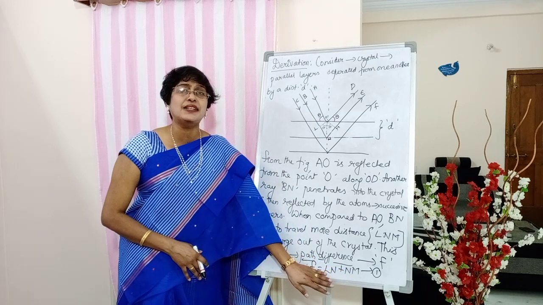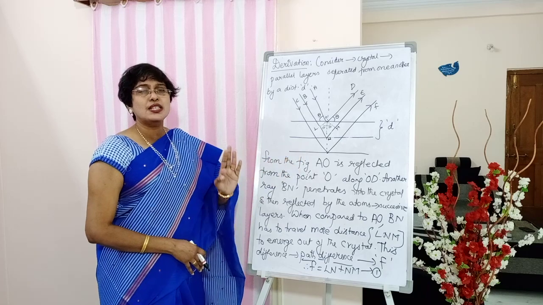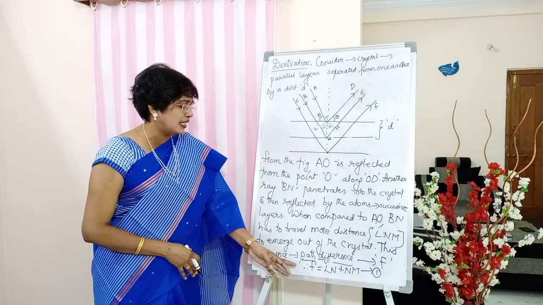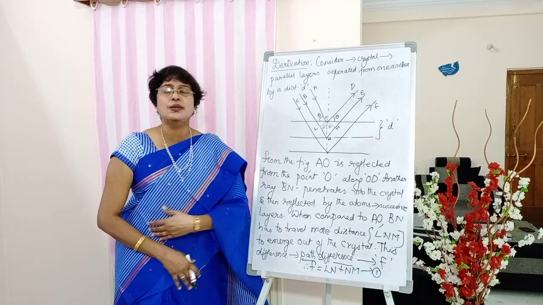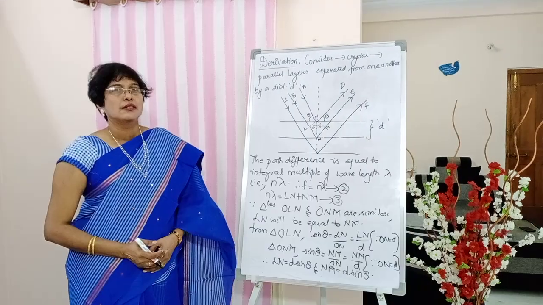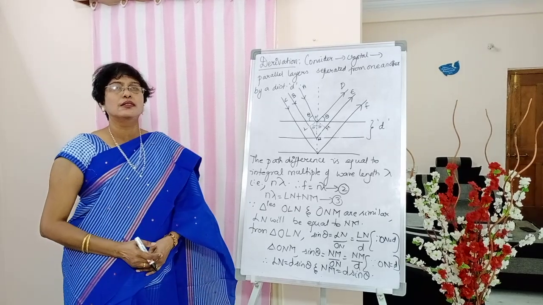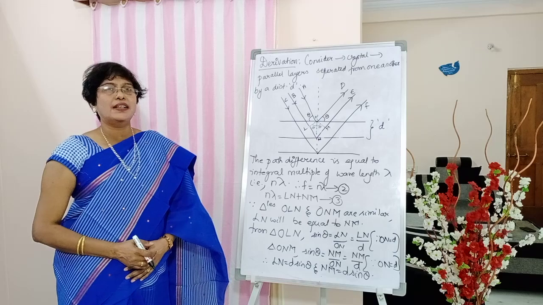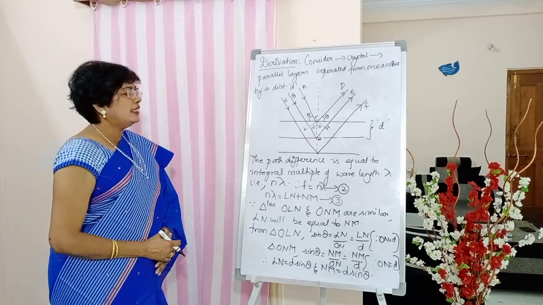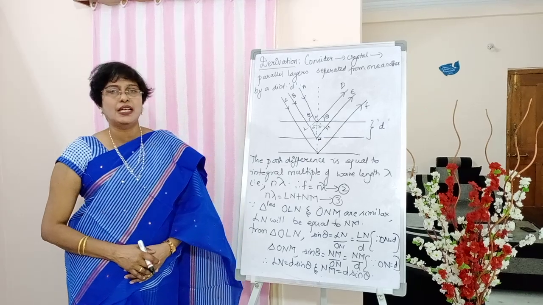Students, this path difference we are writing from the diagram. Originally, what is path difference? First, you write F is equal to LN plus NM, equation number 1. Below write down, the path difference is equal to integral multiple of wavelength lambda.